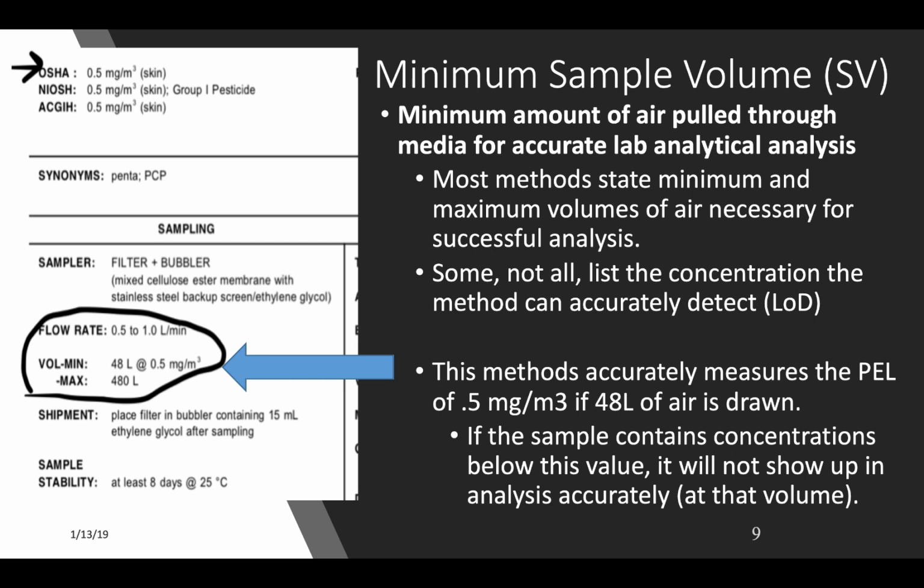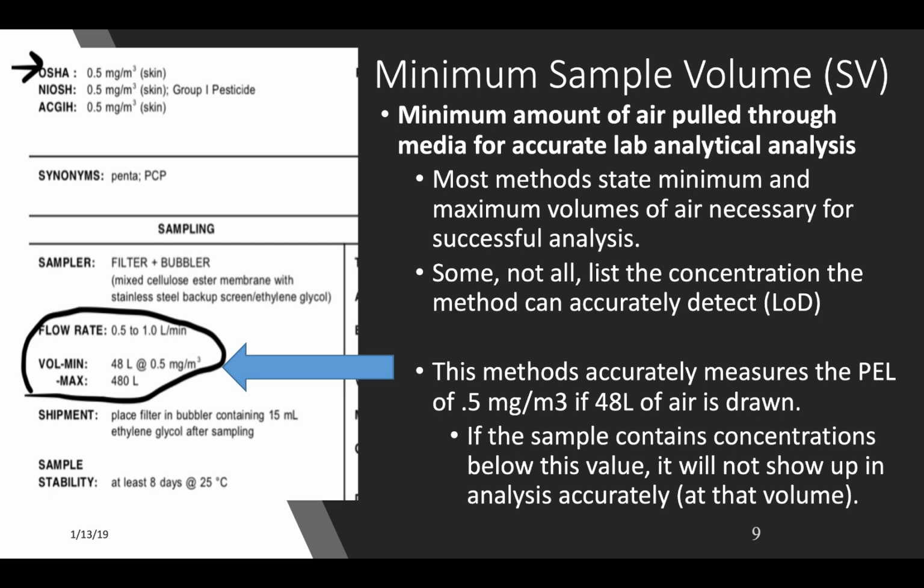So in this method, we will actually measure the permissible exposure limit of 0.5 milligrams per cubic meter if 48 liters of air is drawn. If the sample contains concentrations below this value, the analytical analysis will not be accurate.